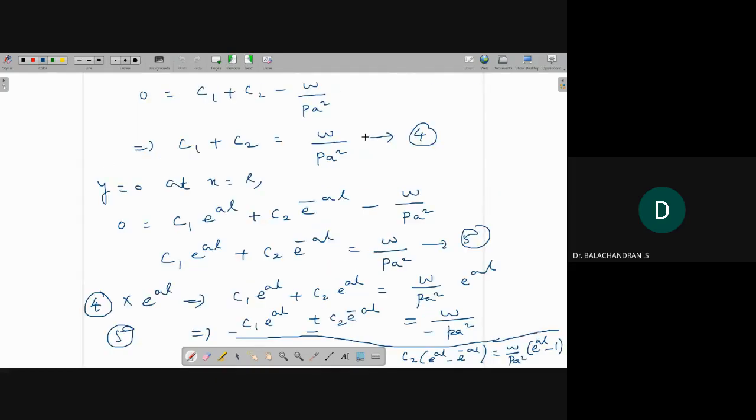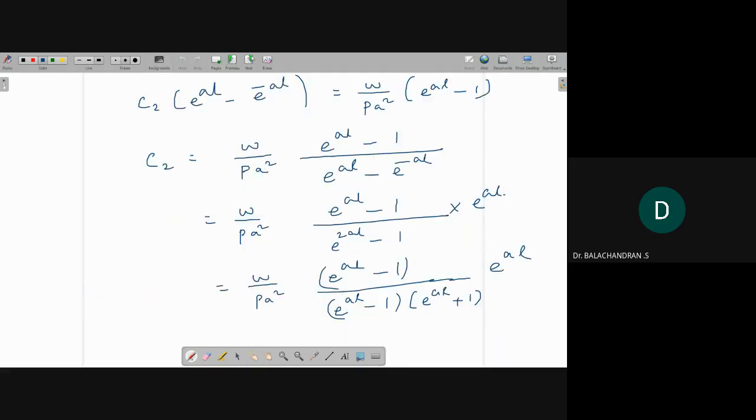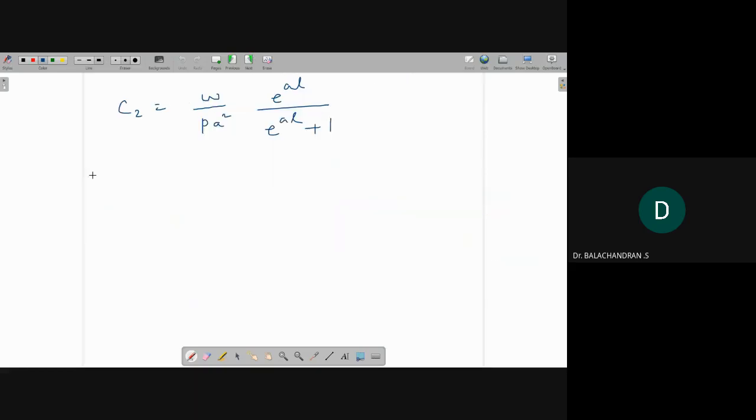C1 from equation 4. So what is equation 4? Okay, C1 plus C2 implies omega by P square minus C2, which is omega by P square into e power AL by e power AL plus 1.